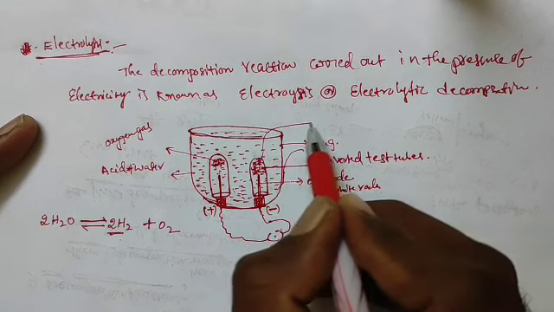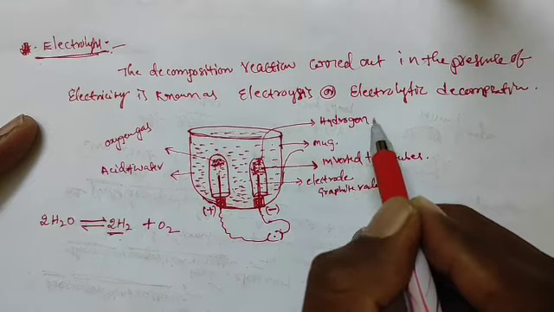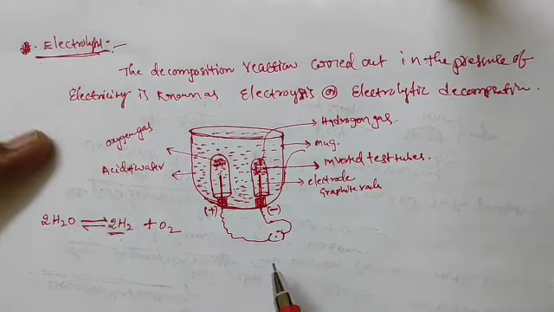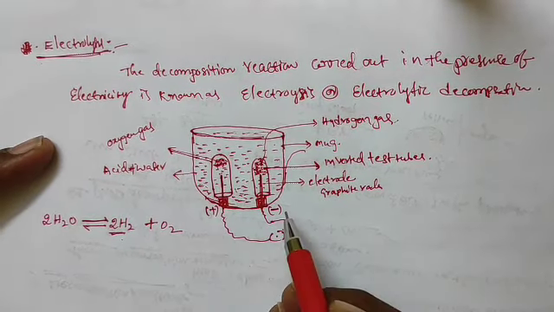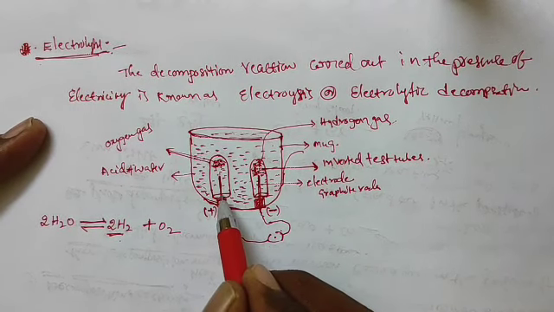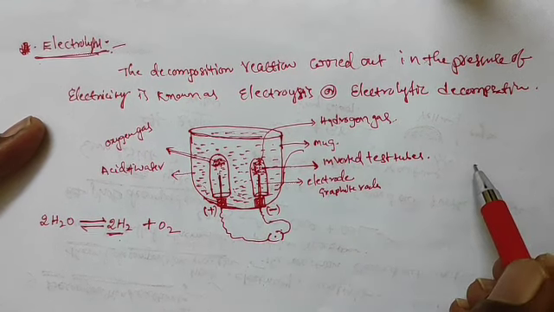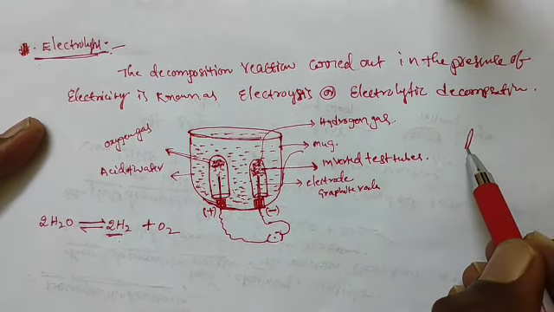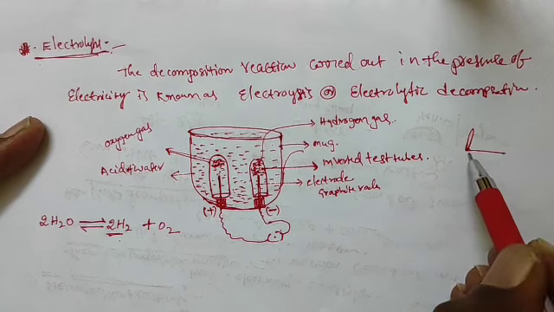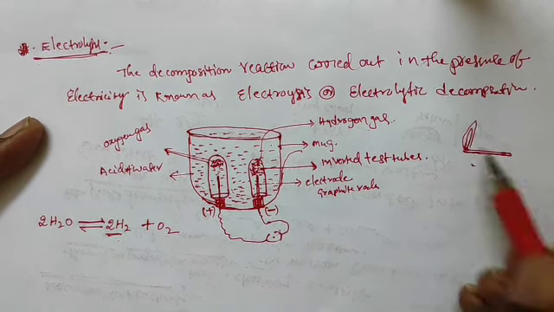How do we know which is hydrogen and which is oxygen? I will say. We can remove this test tube after electrolysis. Burning matchstick, our burning candle, you can imagine this is the flame.